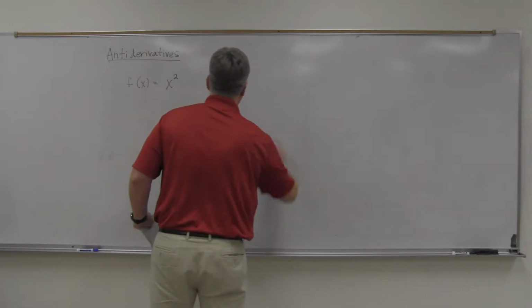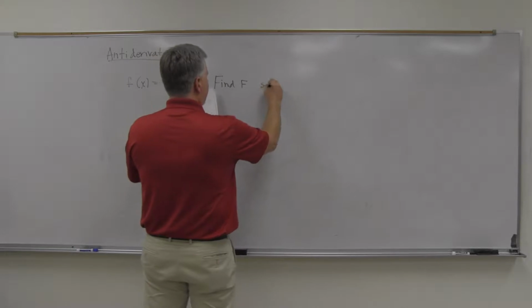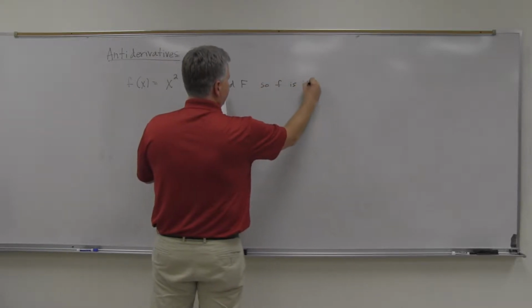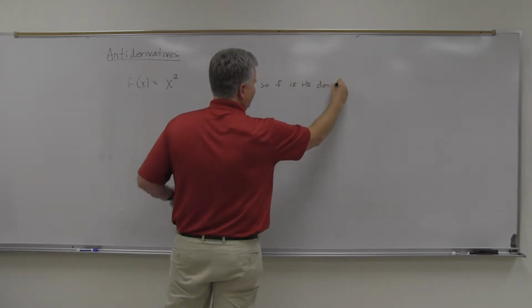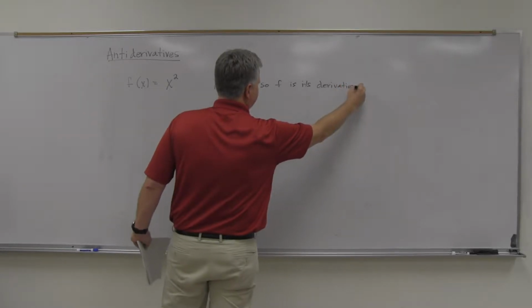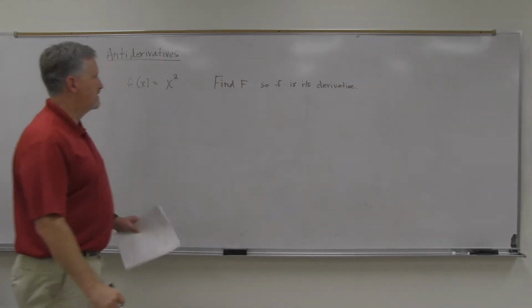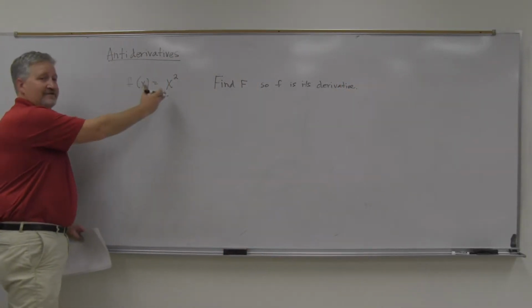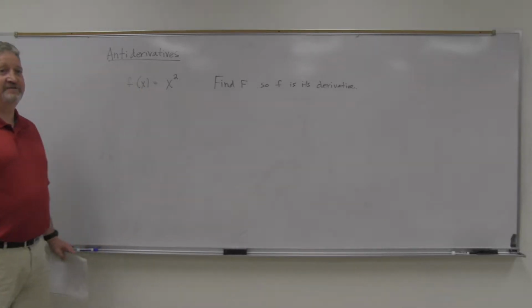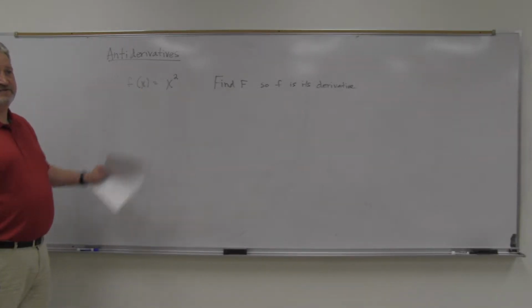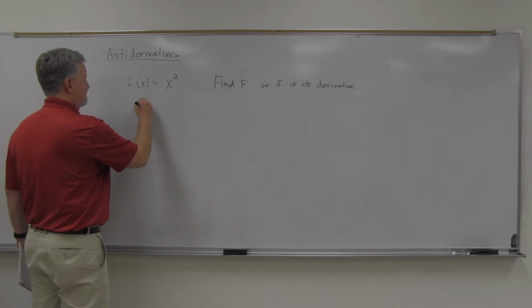I'll say it differently: find F so that f is its derivative. So I want to find a function that has this as its derivative. They call it big F in this case.